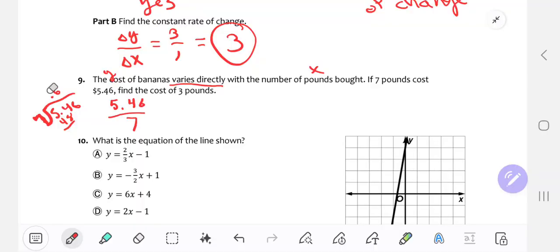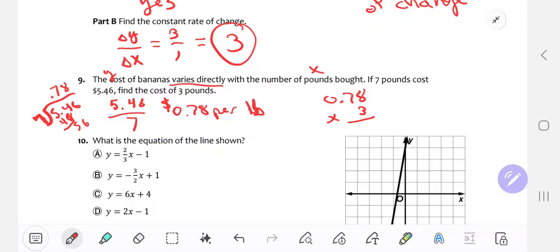Sorry, 7 times 7 is 49. So that's 56 here, so that's 8. So then we have 78 cents per pound.